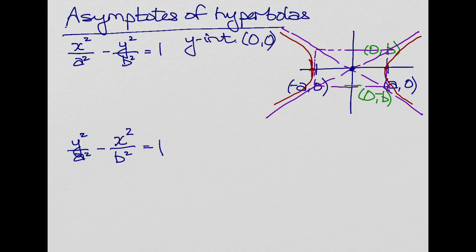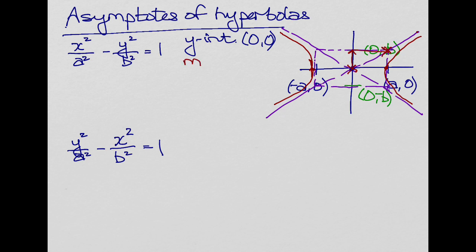So then I want to know, what are the slopes? Looking at the asymptote with positive slope over here, I have 2 points on that line. I have this center 0, 0, and I have this point up here. To get from the one to the other, what am I going to do? I'm going to go up a distance of b, and to the right, a distance of a.